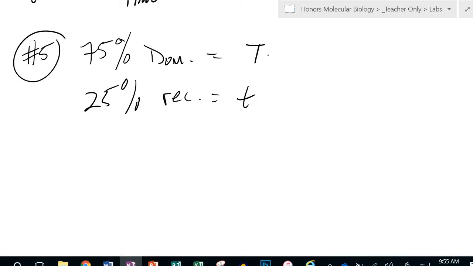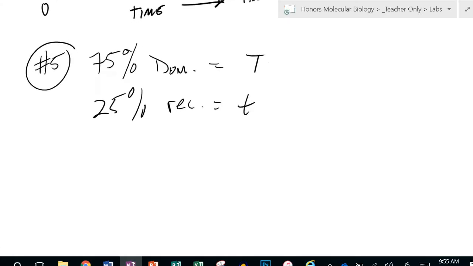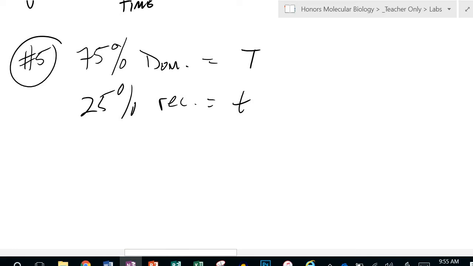Let's think about what each of those stood for in Hardy-Weinberg. We know that Q squared is the homozygous recessive.